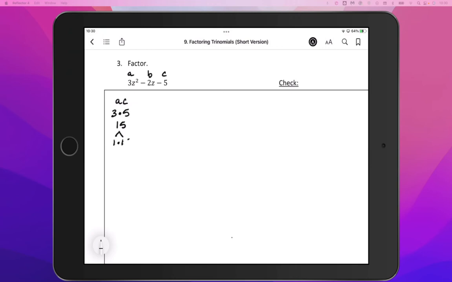1 times 15. 2 does not work. 3 times 5. 4 does not work. 5 does, but I've already got it. So that's it. And we need to go through and say, okay, what pair of factors could I use to make -2? And I could try 1 and 15, but that would only give me either 14 or 16, so that's not going to work.